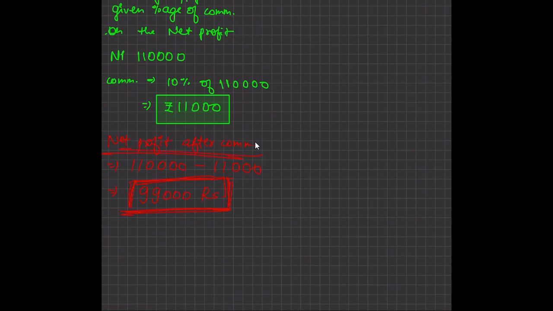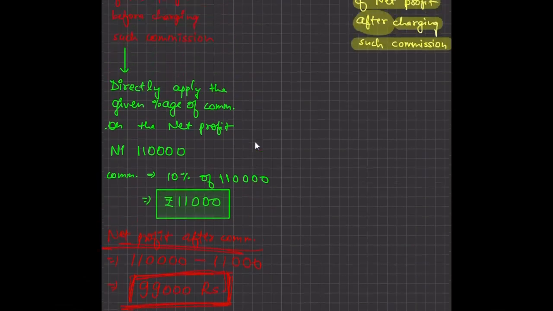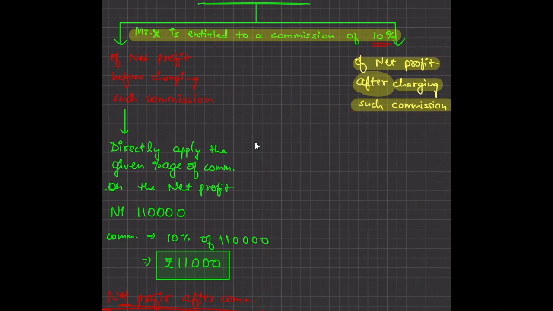This 99,000 is the figure which is called net profit after commission. Now in this case, I have to give the commission of 10% of net profit after charging such commission. So you need to apply a different formula.